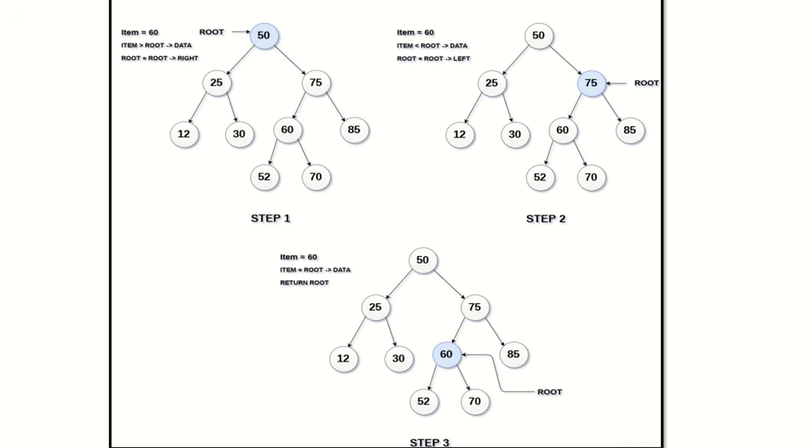There, the root element is 60. The search element is also 60 and the root element is also 60. Thereby we stop the comparison and we conclude that the element is present in the given binary search tree. This is all about the search operation.